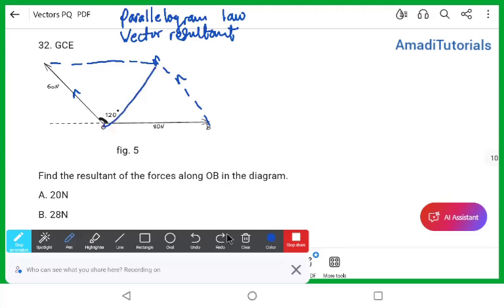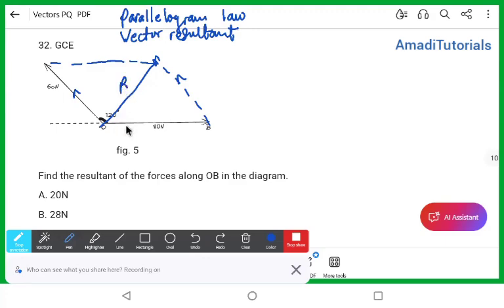Okay, let me draw that correctly. That is the diagonal we are talking about, the one that bisects the angle between the two vectors. So we write here our R, the resultant.